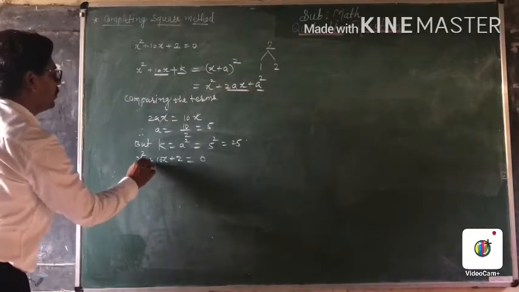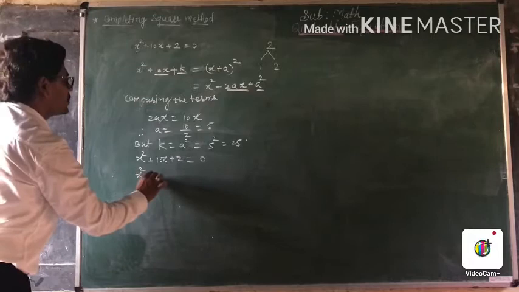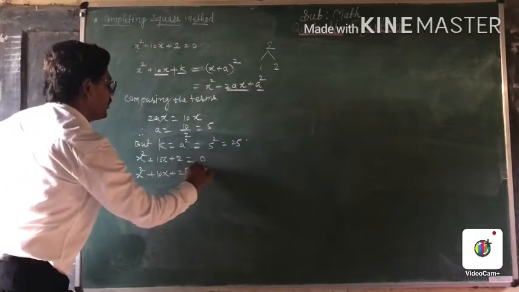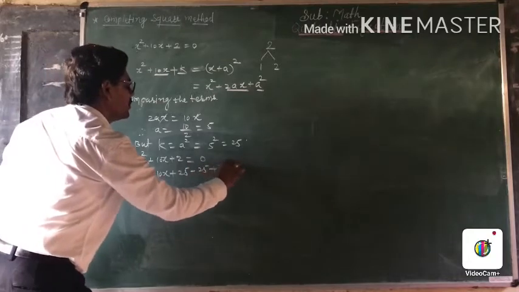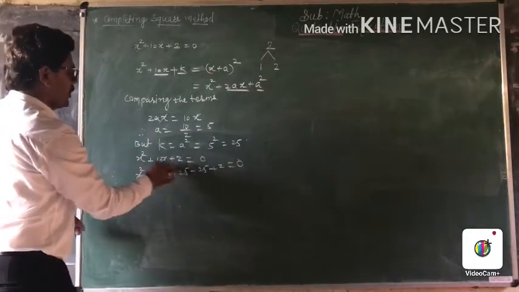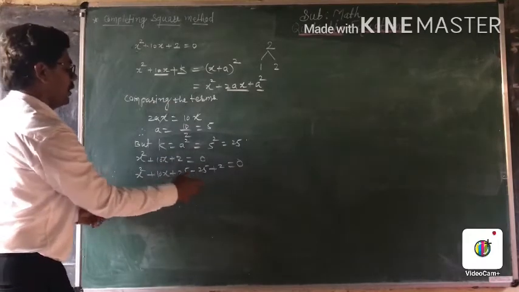Therefore, x square plus 10x plus 25 minus 25 plus 2 is equal to 0. We are adding 25 for completing the square of this trinomial.